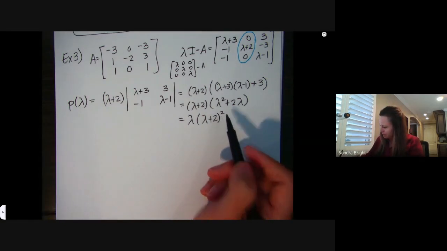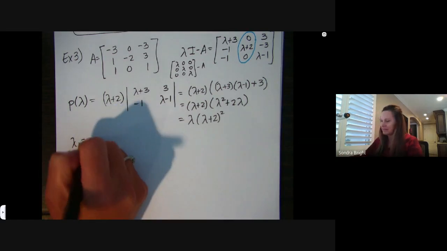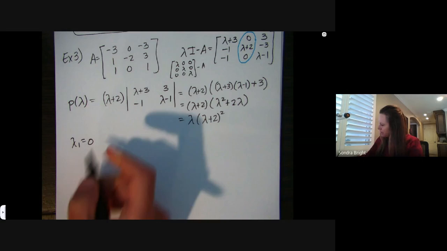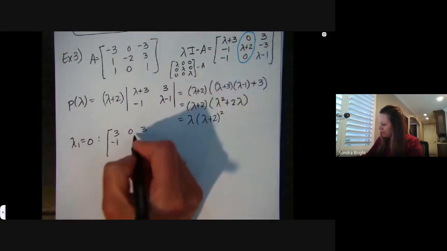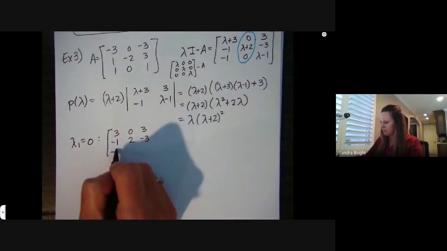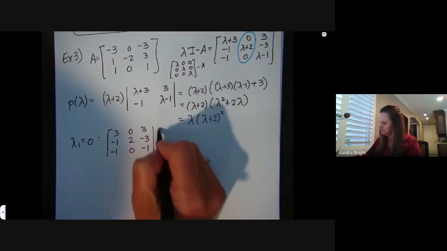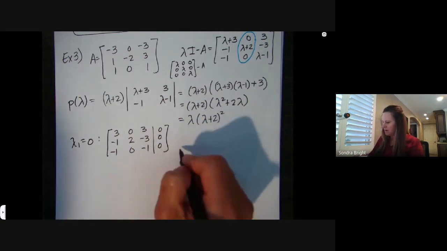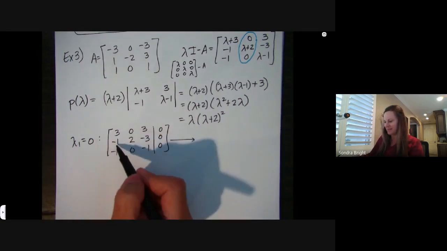All right, so first eigenvalue is 0. When I plug that into this guy, I'll have 3, 0, 3; -1, 2, -3; -1, 0, -1, and we're solving for when these are equal to 0. I'm going to take this 3 and add it to 3 times row 2 to zero this guy out.